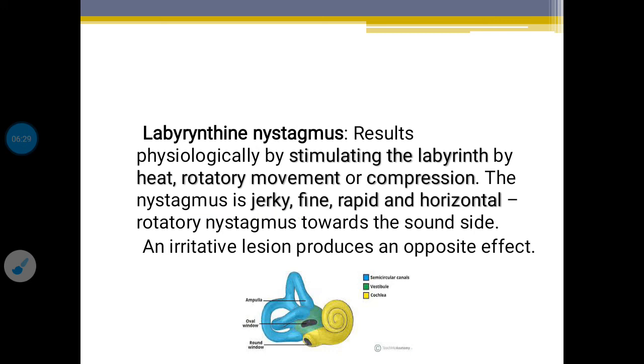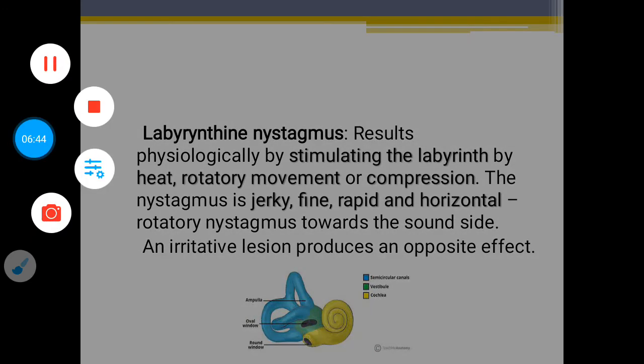The character is generally jerky, fine, rapid and horizontal movements toward the sound side. An irritative lesion produces an opposite effect.